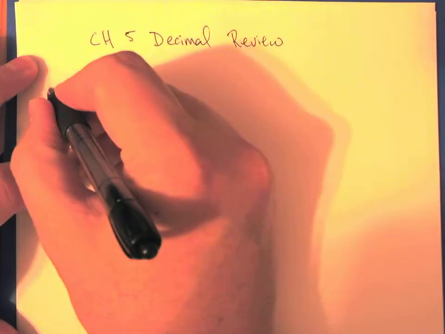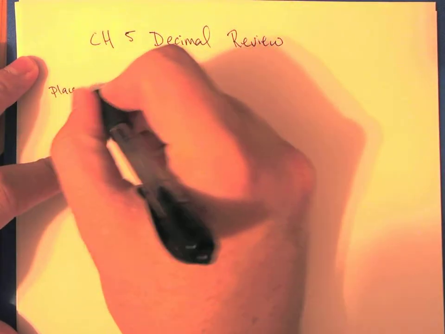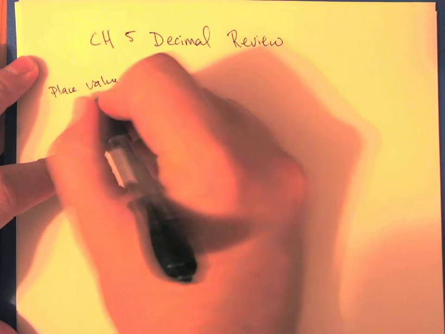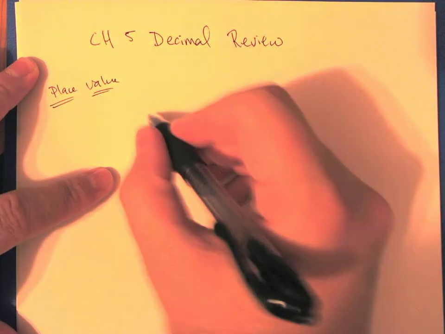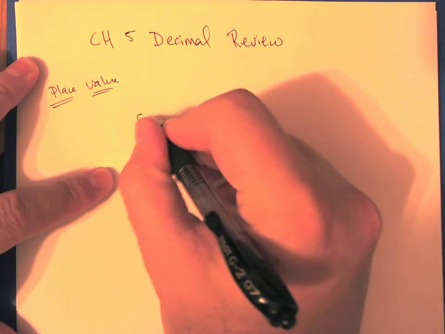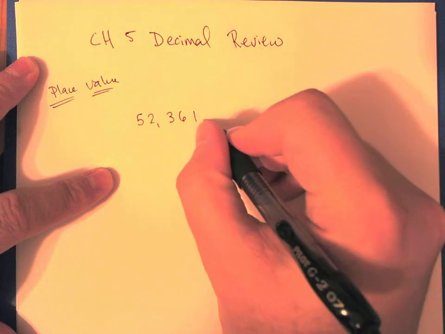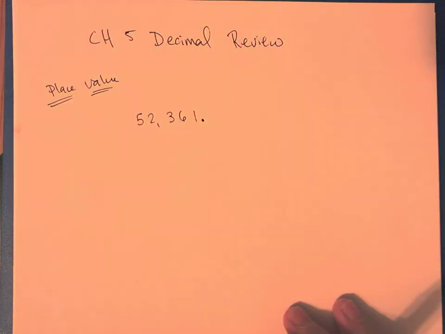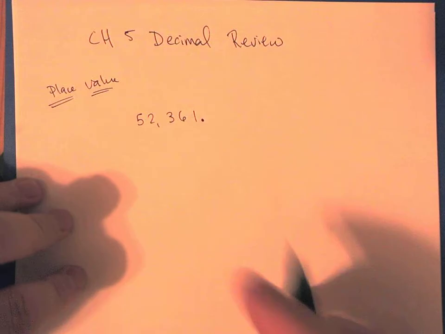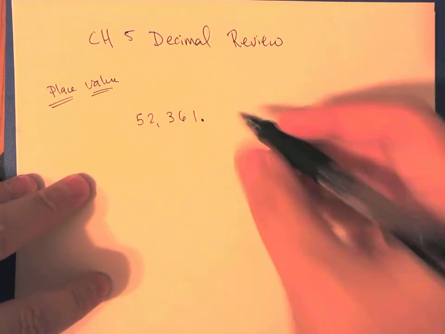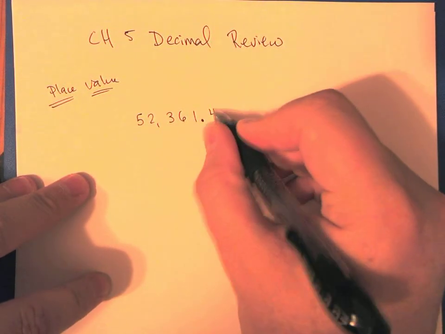So let me write out just an example decimal number, right? 52,361 point 4897. The decimal, of course, has a decimal point, which is like a period.